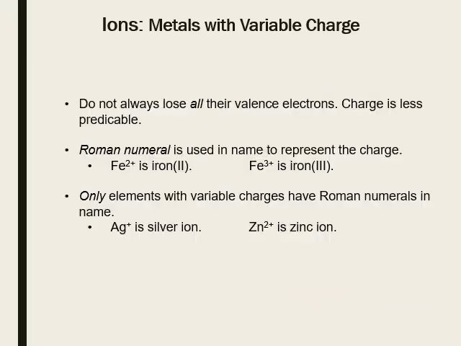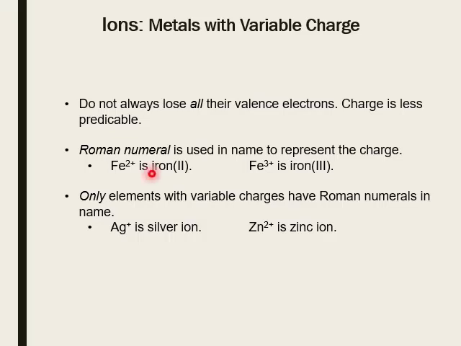To recap, metal ions with variable charge do not follow octet rule. They do not lose all their valence electrons, and you cannot predict their charge by looking at their position in the periodic table. In case of metal ions with variable charge, a Roman numeral in parentheses is used to represent the charge on that particular ion.